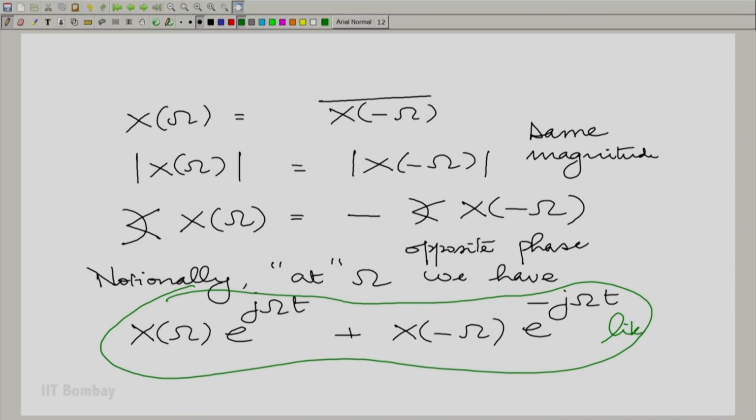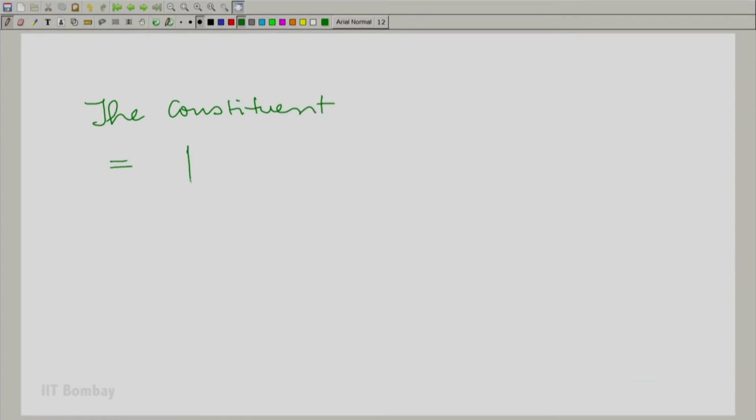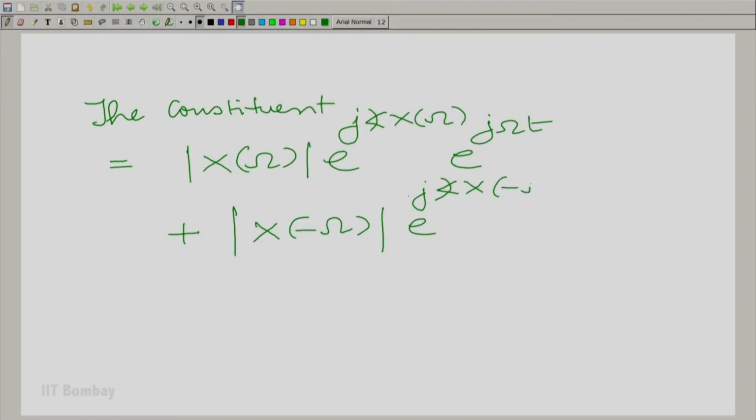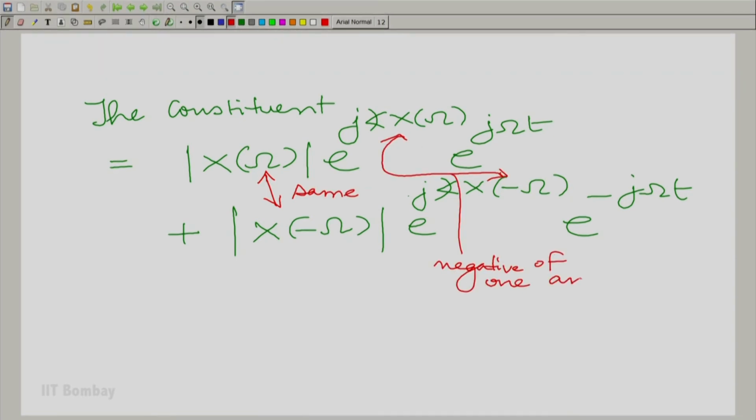Essentially, this is like a constituent here. And what is this constituent? If I expand it, the constituent looks like this. And I know the relation between these, don't I? These are the same. These are the negative of one another.